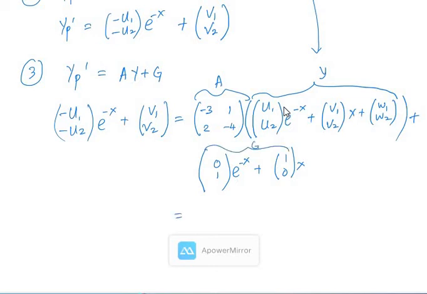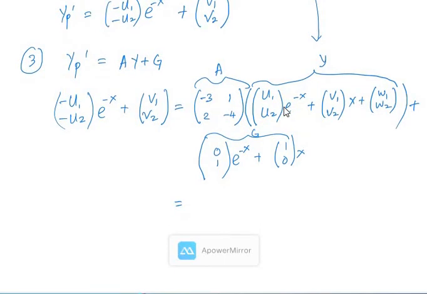Now, you can multiply in. This means that A multiplies with u1, u2 exponent negative x, and then A also multiplies with this one and with this one as well.